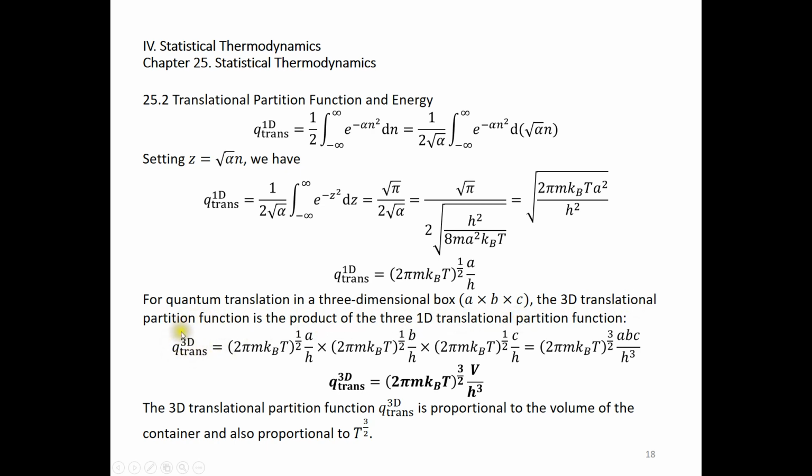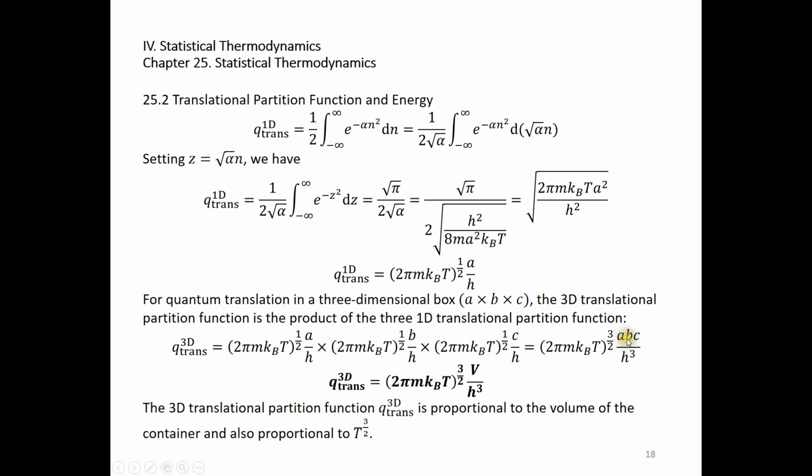So this 3D q is equal to this in, for example, the x direction, and then this partition function in the y direction, and then this in the z direction, and then we just do the multiplication. We now have 2 pi m kbt to the power of 1.5, and then we multiply a, b, and c together over h to the power of 3.